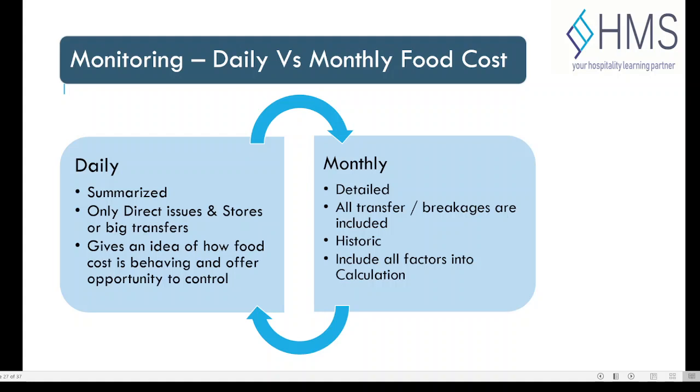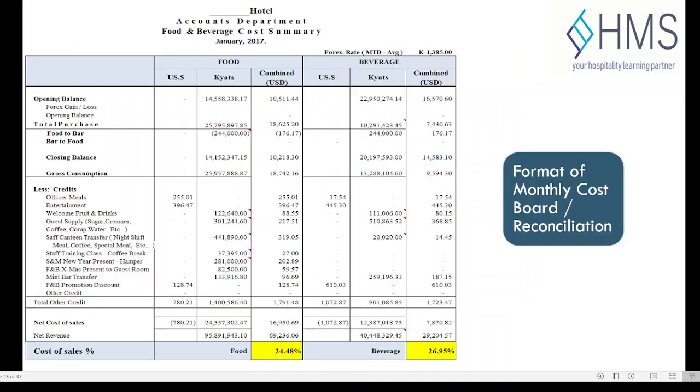But the monthly is more detailed and is a historic thing, used for accounting purposes, for transferring the cost to GS and cost to different outlets, calculating the cost of sales and everything else. This is a format of monthly cost board reconciliation. So it's more detailed. What was your opening balance? What's the food cost transfer to the bar? What's the closing stock?